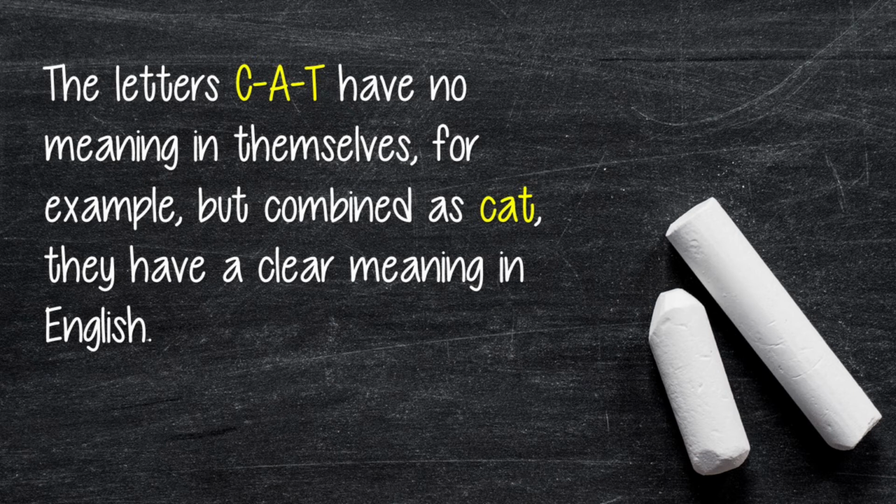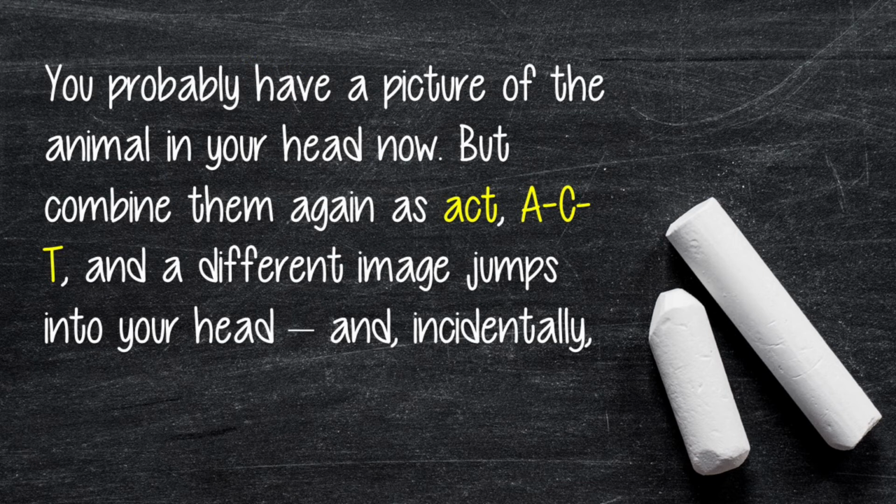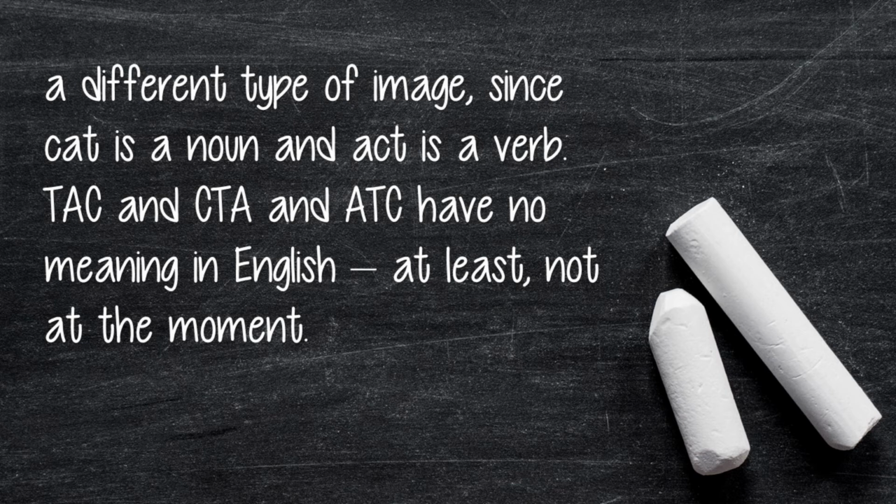The letters C-A-T have no meaning in themselves, for example, but combined as cat, they have a clear meaning in English. You probably have a picture of the animal in your head now, but combine them again as act, A-C-T, and a different image jumps into your head. And incidentally, a different type of image since cat is a noun and act is a verb.